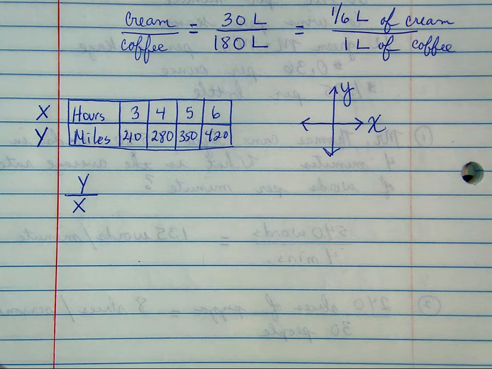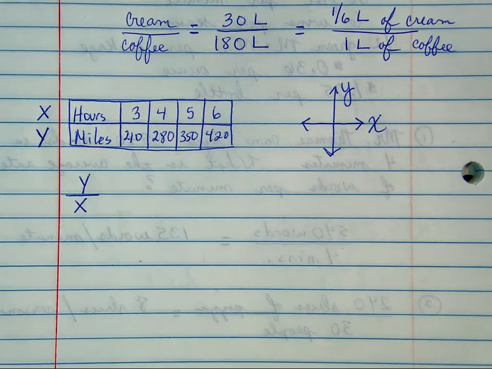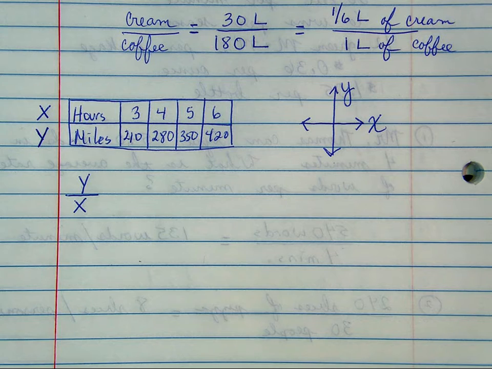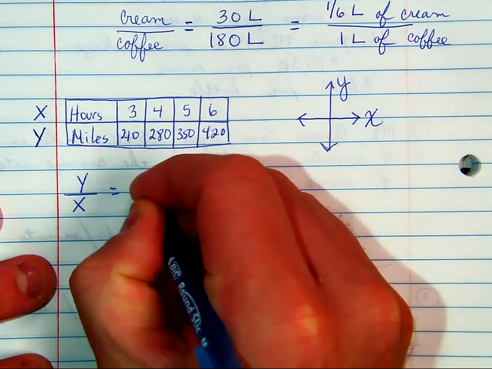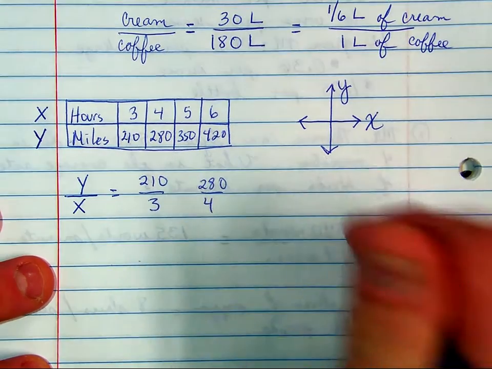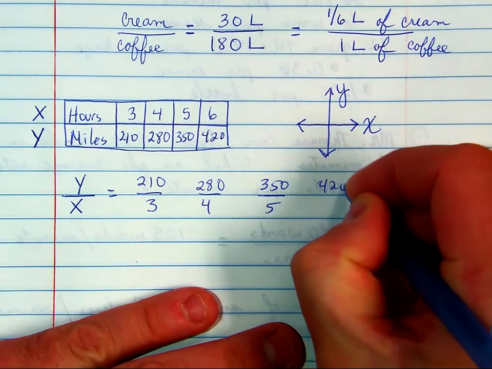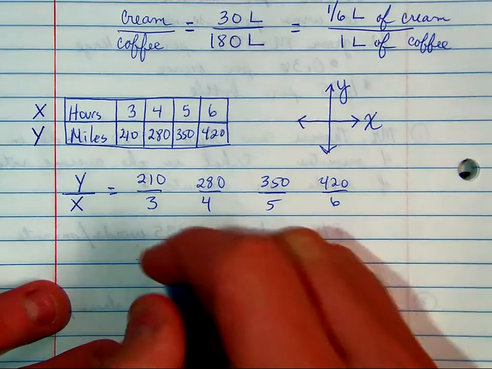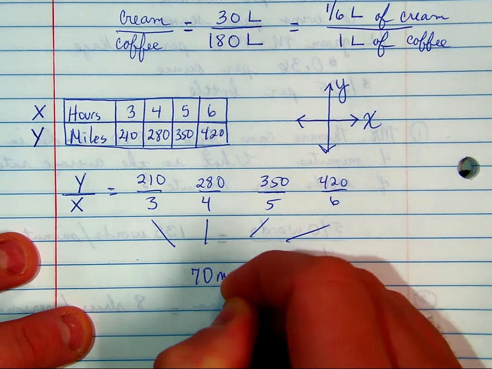Y divided by x because the y depends on x. The number that I get in this table depends on the number for the x table. And it doesn't matter which one of these I choose, whether I choose to do 210 divided by 3, 280 divided by 4, 350 divided by 5, or 420 divided by 6. Every single one of these answers is going to give me 70 miles per hour.